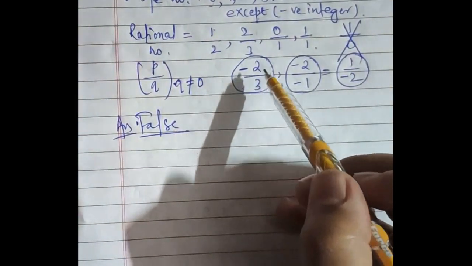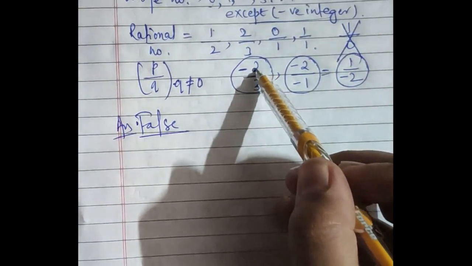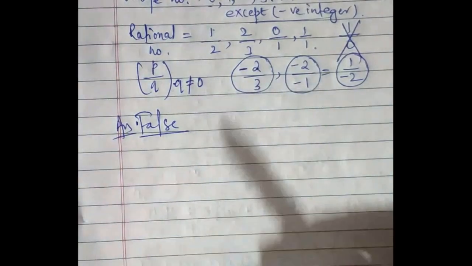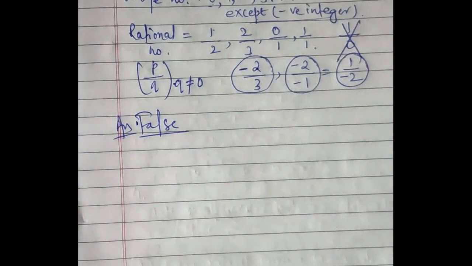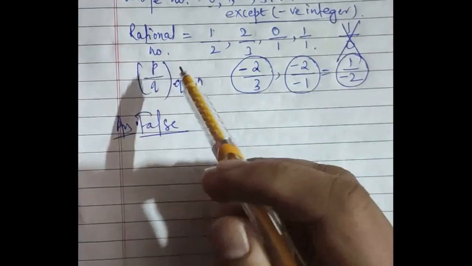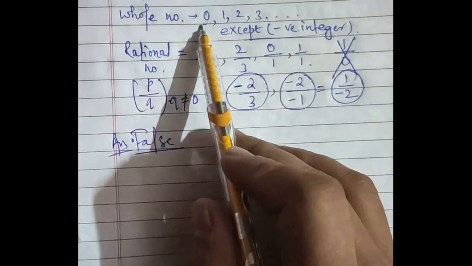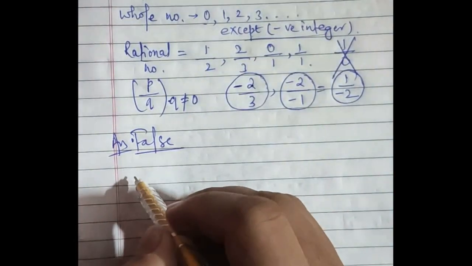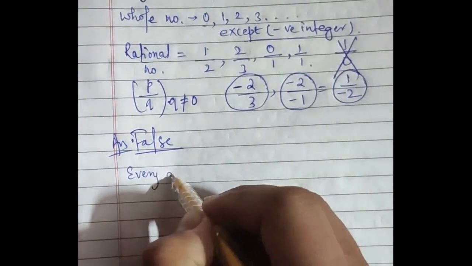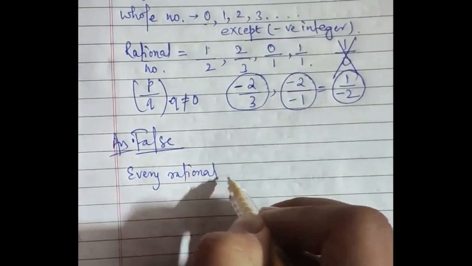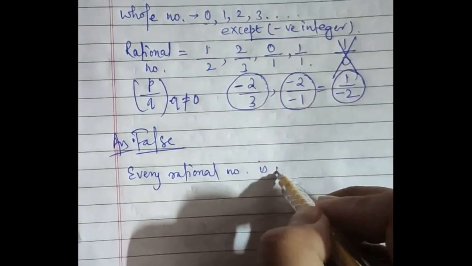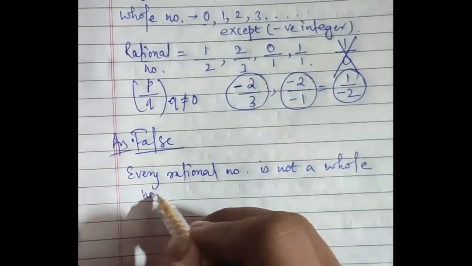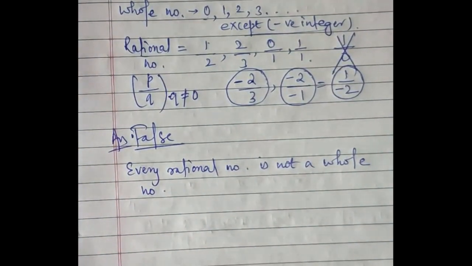Because in rational numbers, negative integers can also be represented in the form of p by q, but whole numbers should be positive integers starting from 0. Alright, so therefore every rational number is not a whole number.